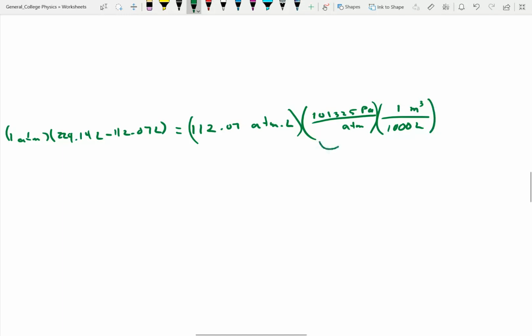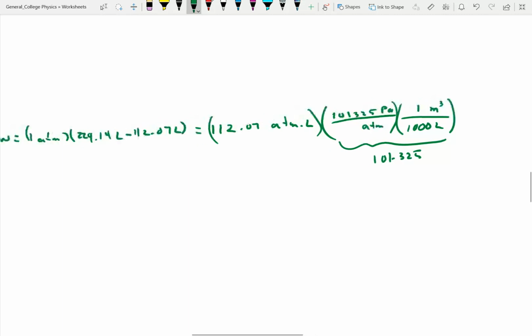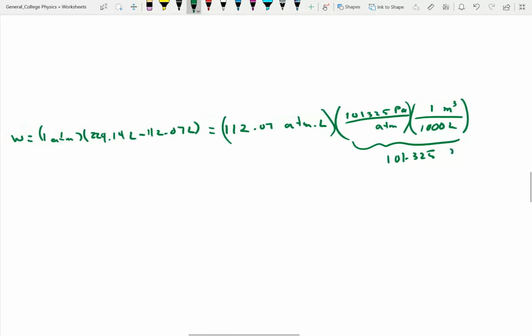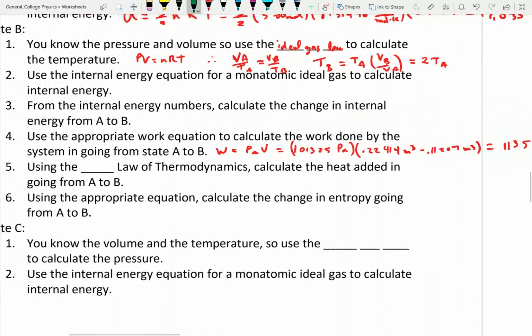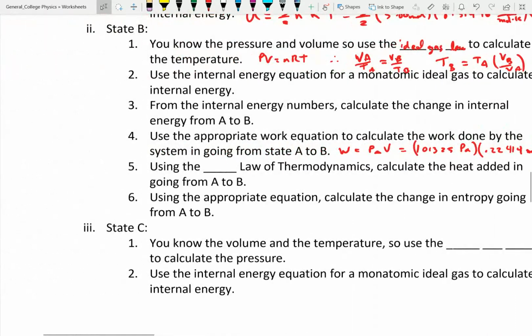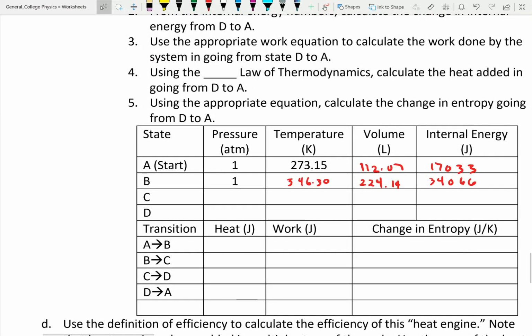If you put those two together, that gives you 101.325 as the conversion factor. So I could have done my calculation of those units and then used 101.325 joules per atmosphere times liter as a conversion. At any rate, what I found is it's 11,355 joules. So I'm going to put that in before I forget. 11,355 joules of energy for the work.